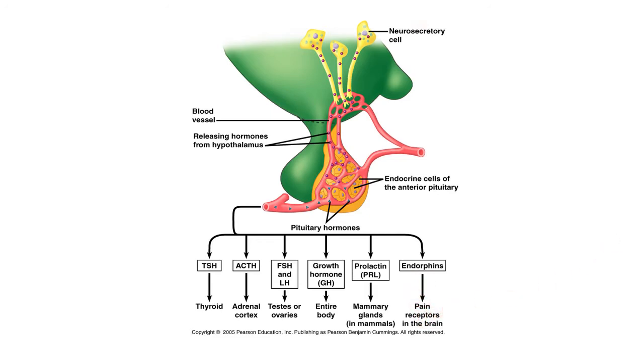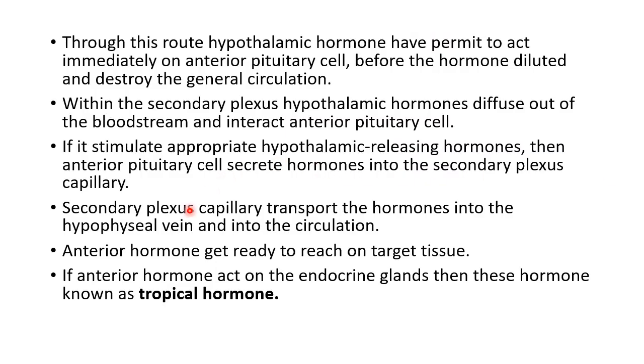Okay, let's move on. This is the theory of the diagram, and I will read all the points for you. Through this route, hypothalamic hormones are permitted to act immediately on the anterior pituitary cells. So which route? The route by which the hormones reach the secondary plexus, from the hypothalamus to the secondary plexus.